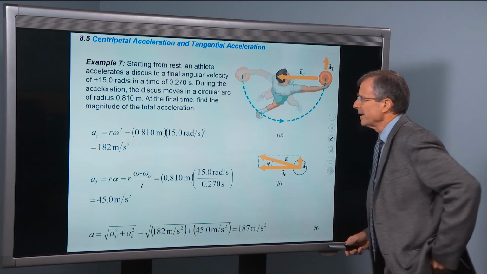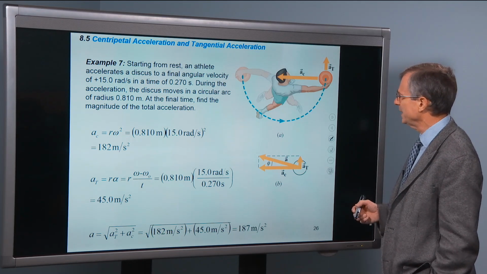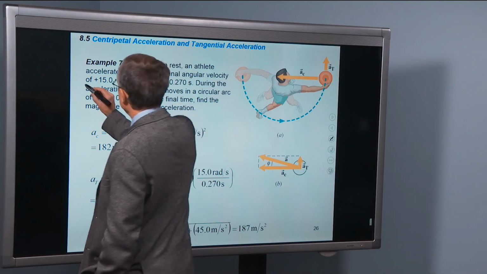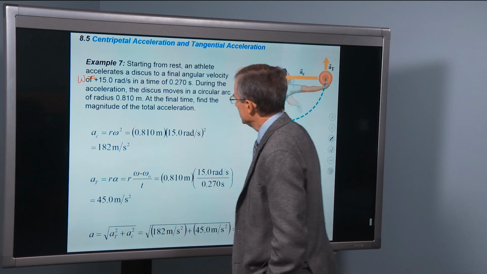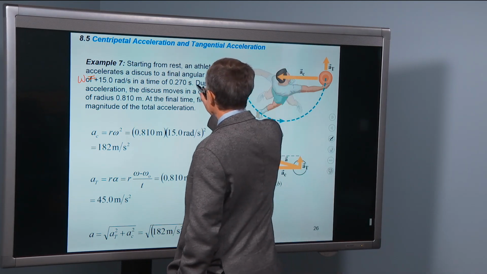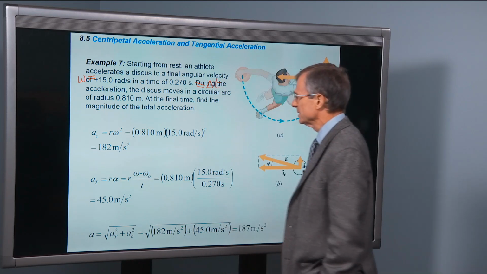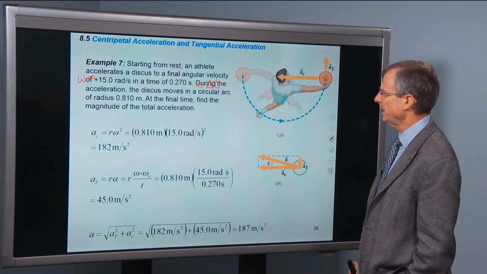Starting from rest, an athlete accelerates a discus to a final angular velocity of 15 radians per second. So that is the final angular velocity, omega. In a time of 0.27 seconds, that's the elapsed time. During the acceleration, the discus moves in a circular arc of radius 0.8 meters.